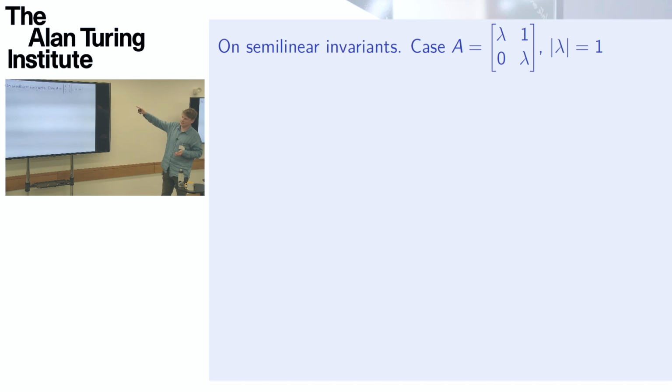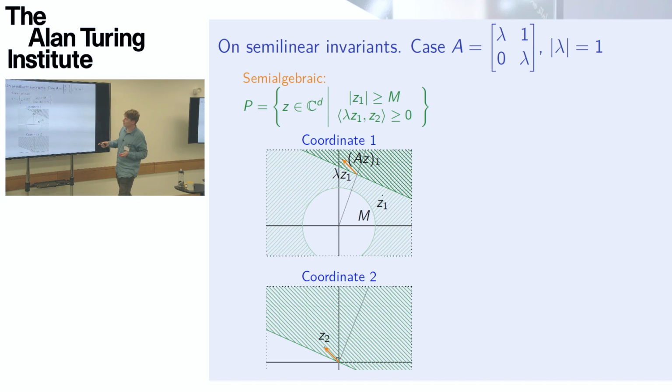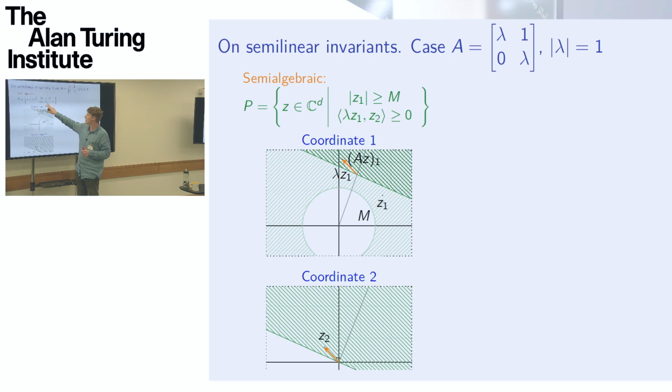And then there's this last case, the non-diagonalizable case. This is where it gets really ugly with semilinear sets. In my semi-algebraic invariant, I had a condition that's really quadratic, the dot product of my 2 coordinates, and it says that to be invariant, the second coordinate has to point in the right direction. This is basically a quadratic condition.